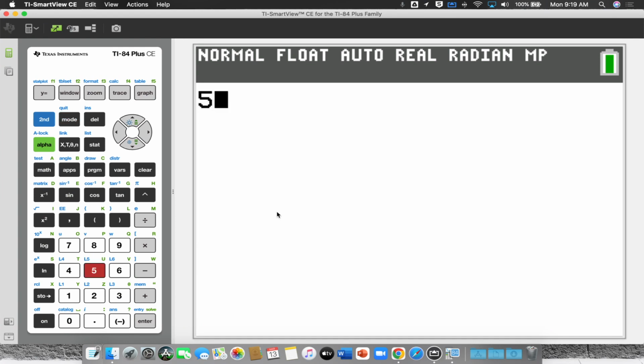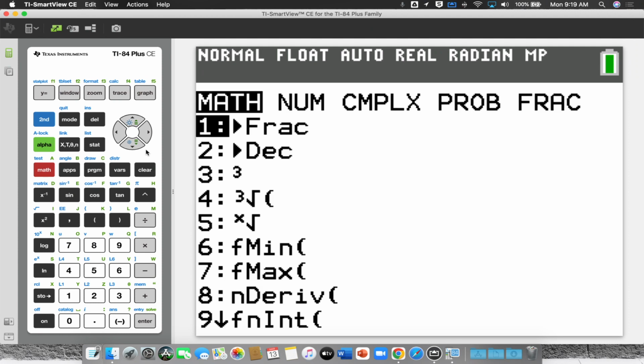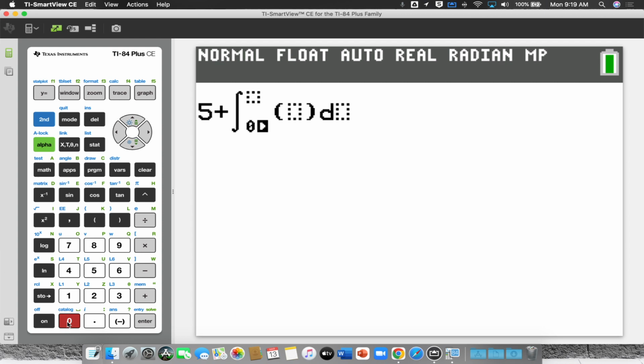Okay, so we have 5 plus the integral from 0 to 3.671.